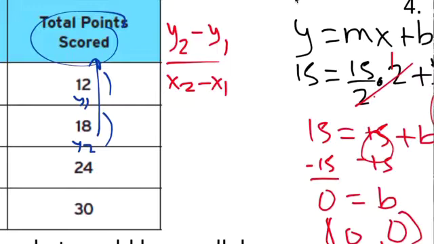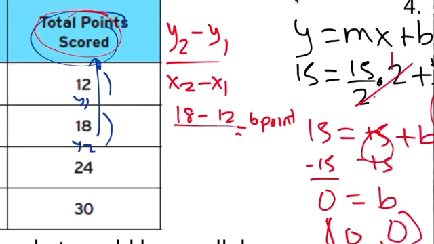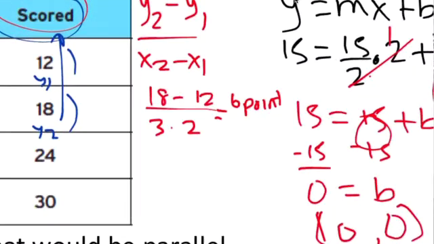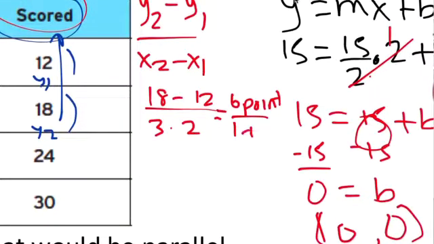So it's 18 minus 12, and they're points. So right here it says points. So 6 points. We know football, right? 6 points per touchdown. And 3 minus 2, number of touchdowns: 1 touchdown.